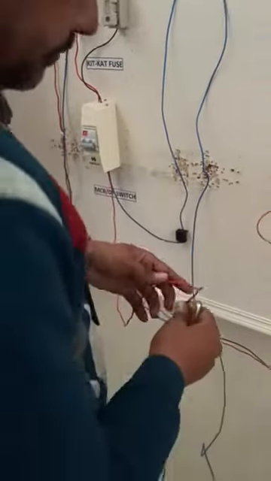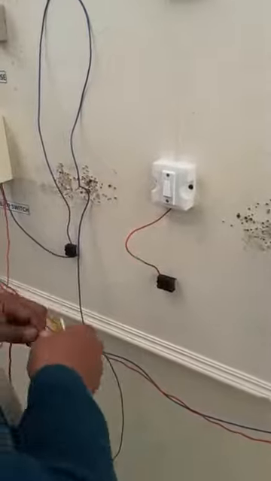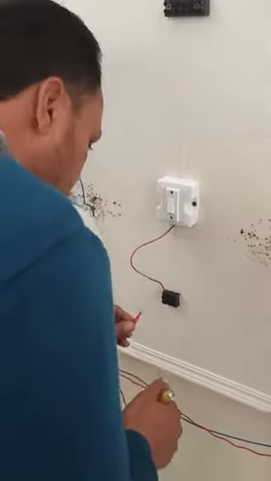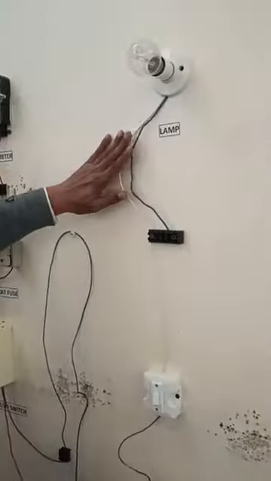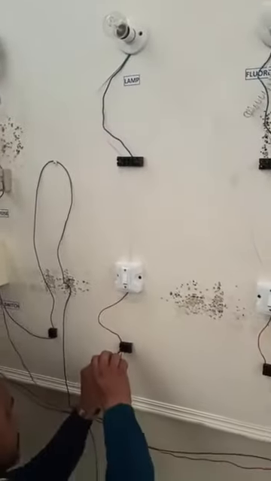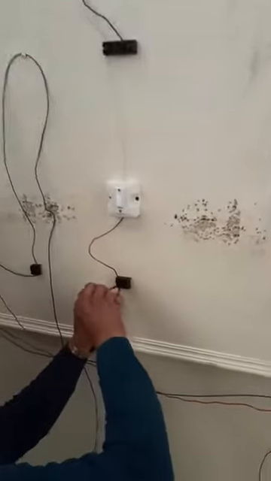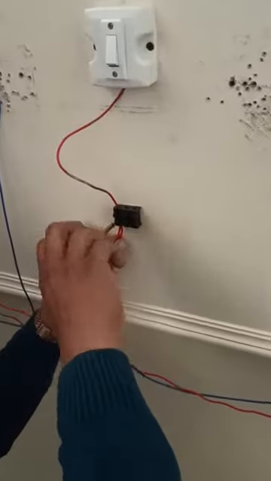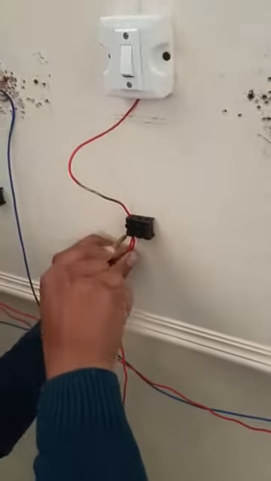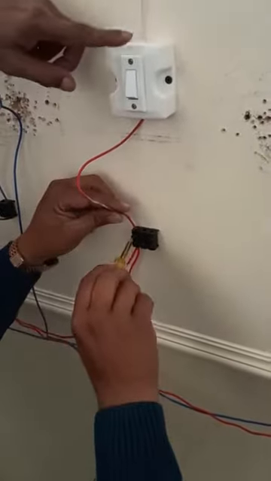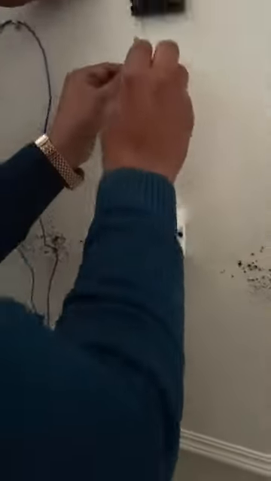Now this is the live wire. Now we'll make the connection after the DP switch. So first we will connect this lamp. Giving connection to this lamp, connecting the live wire through this connector, through the switch. It goes to the lamp.